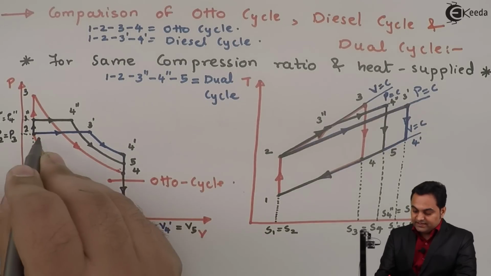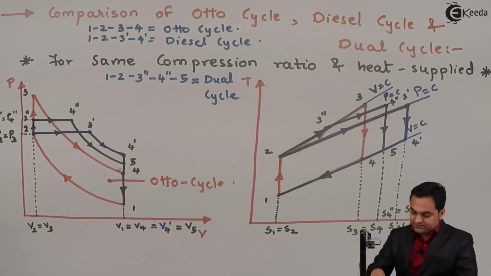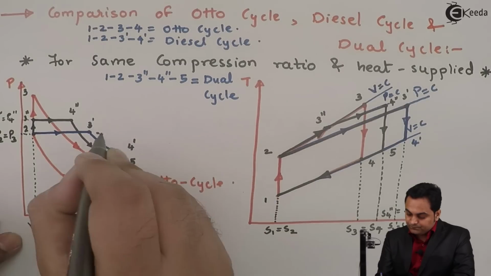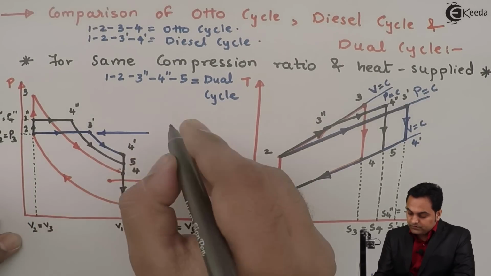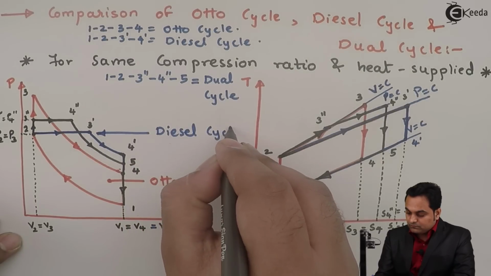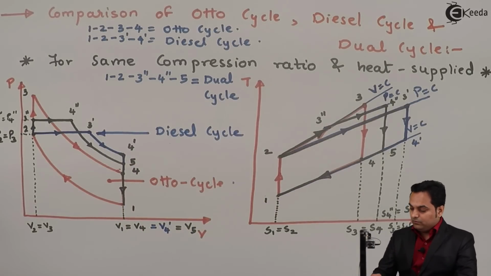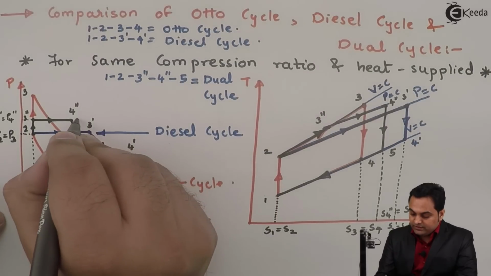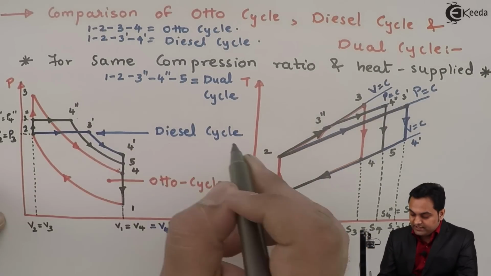Next, the cycle which is in blue, that is diesel cycle, and the cycle which is in black, that is dual cycle.